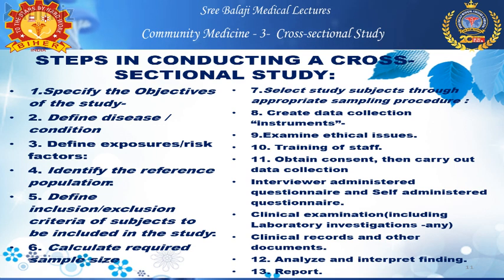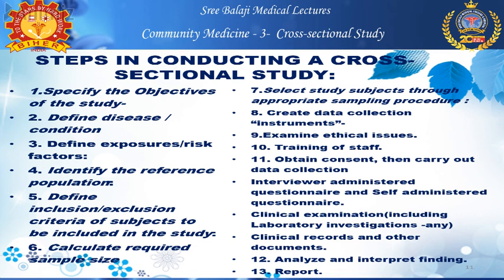Next comes the sample size calculation. Sample size for a prevalence study like a cross-sectional study usually is dependent upon the prevalence of disease in that particular state, community, or the country. For that, we need to do a literature review and find out what was the previous prevalence of the disease.